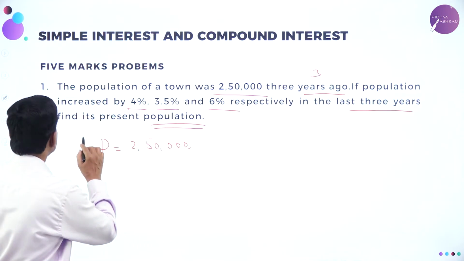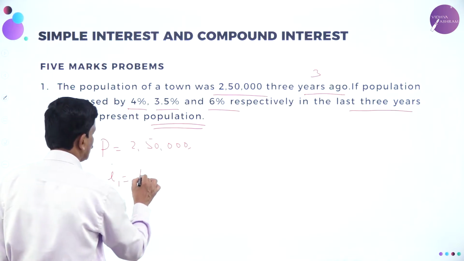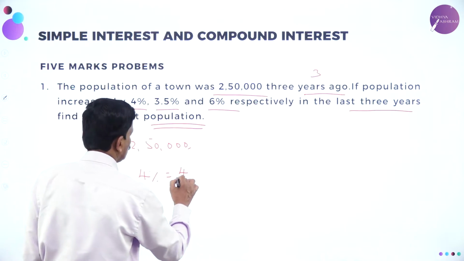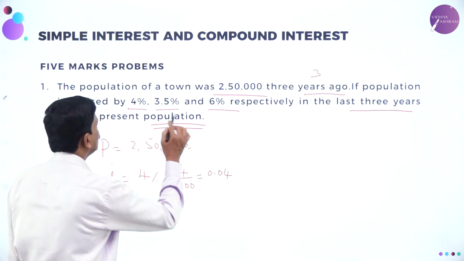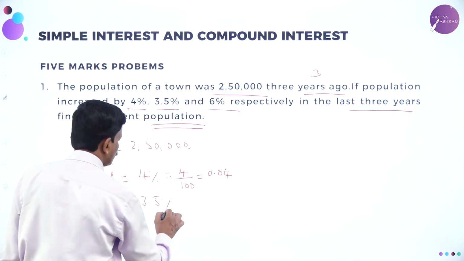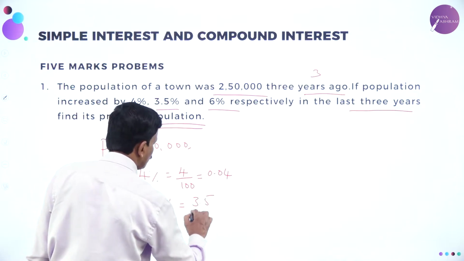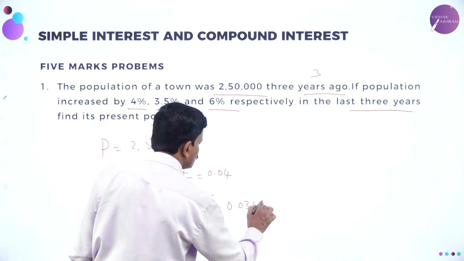If the population increased by 4%, now let us consider this as I1 as 4%. That's equal to 4 divided by 100, which is 0.04. Again 3.5, I2 is equal to 3.5% means 3.5 divided by 100. This is 0.035.